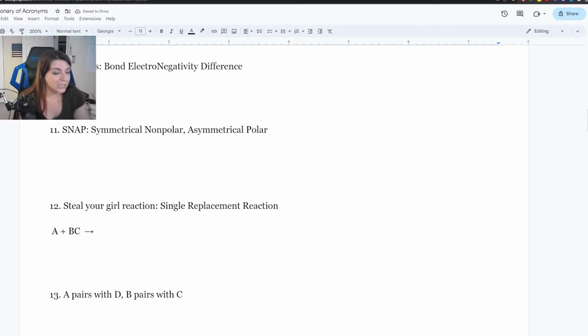If A is positive, then it will pair with C. We always write the positive thing first, so it's going to pair up with the negative, which is C. But if A is negative, like if A is a nonmetal, then you would have BA and C, which oftentimes you figure out better in context than you would from the general formula.